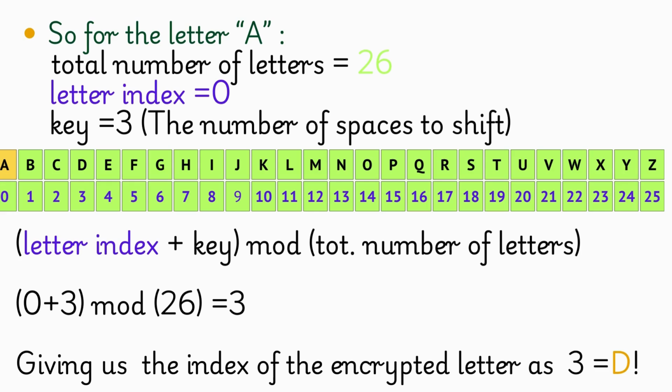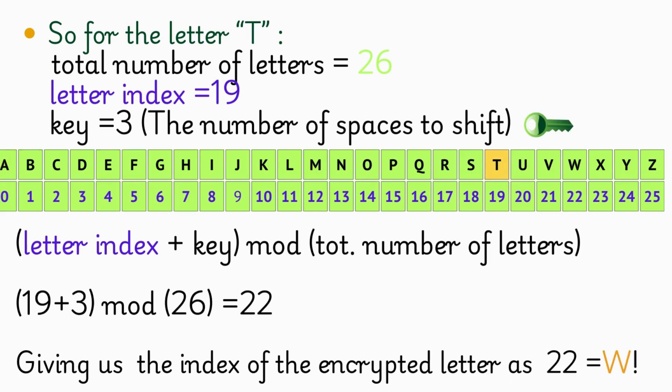Now, let us try the letter T. In the same way, we carry out the same kind of formula calculation, but in this case, T is what? 19. Our key is still 3, and the number of letters is still 26. So when we carry out this calculation, it gives us the answer 22.